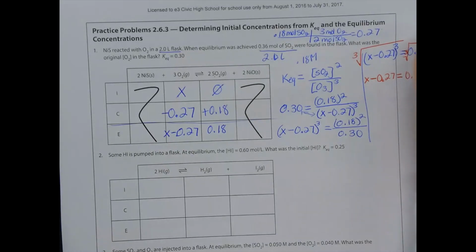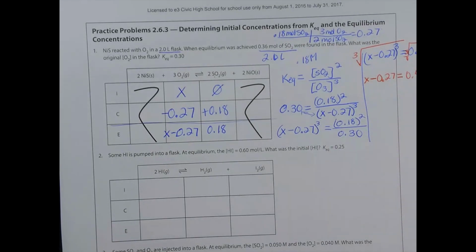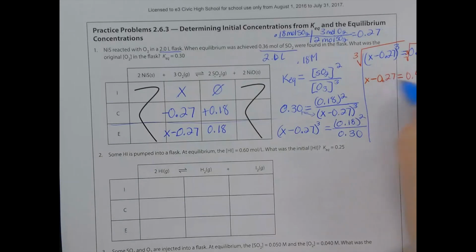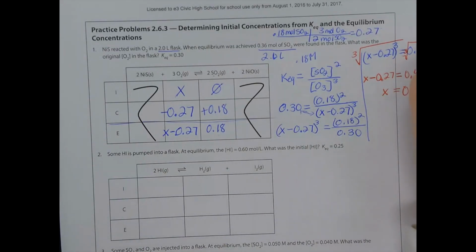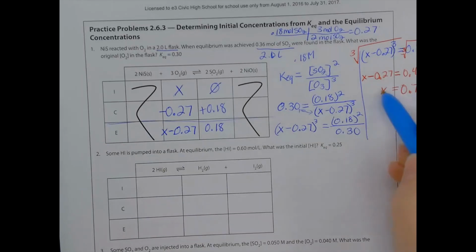So 0.476, keep as many digits as we can for now. And then we need to add this 0.27 to the other side. So 0.476 plus 0.27, that would round us to 0.75 because we're adding, we need only 2 decimal places there. So that's our X value, all right?